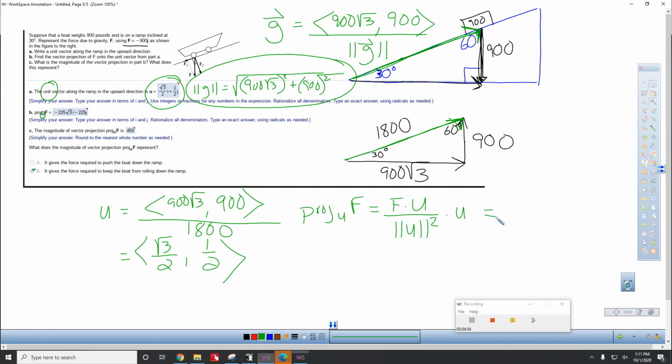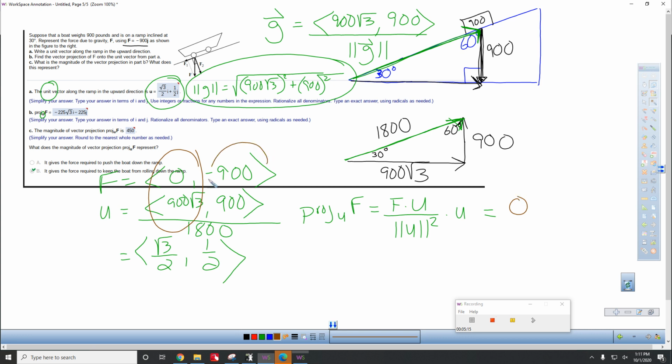All right, so F dot U. That is going to be, well, our F is negative 900j. So that's 0, negative 900. Remember, to do the dot product, you multiply these. So that's 0.